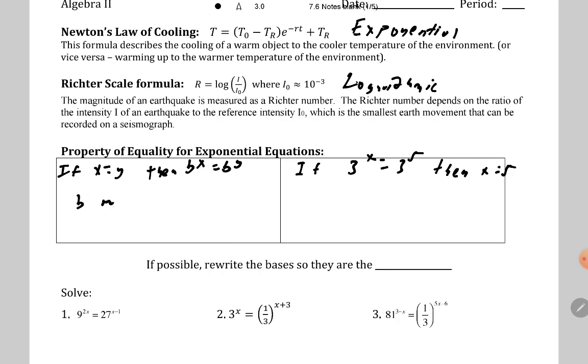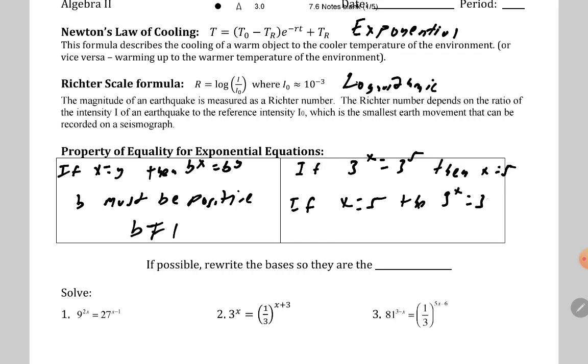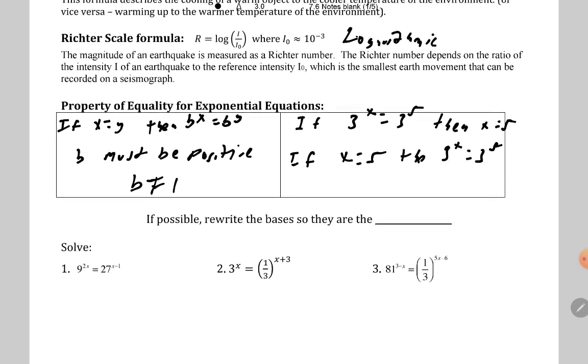B must be positive, and b cannot equal 1. And this actually works vice versa. If x equals 5, then 3 to the x equals 3 to the 5th. If possible, rewrite the bases so that they are the same.